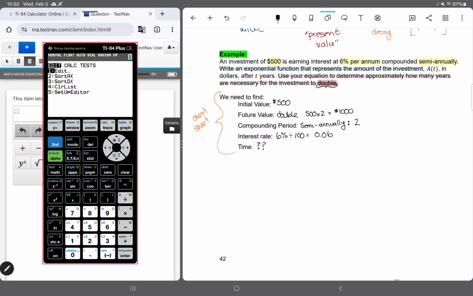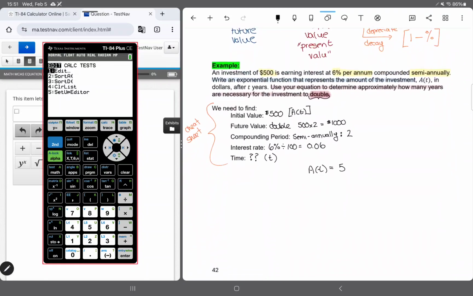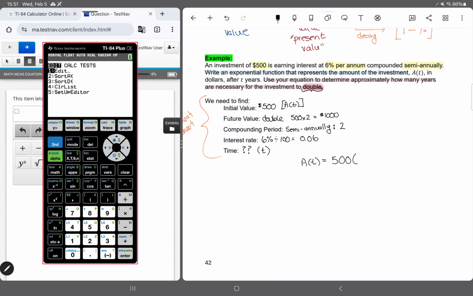All right, so the first part, they want us to write the exponential function. So A(t) is going to represent my future value. And t is going to represent time. So my equation is going to be A(t) equals my initial value, because remember that's what goes in for A. All right, so this is an appreciation.